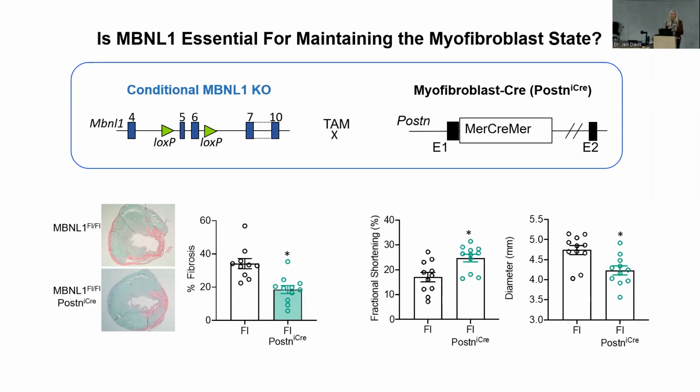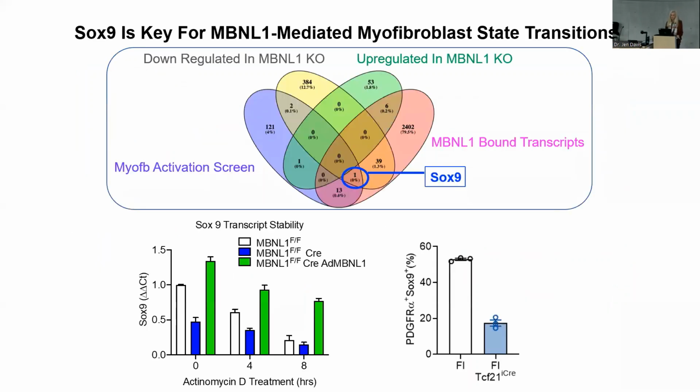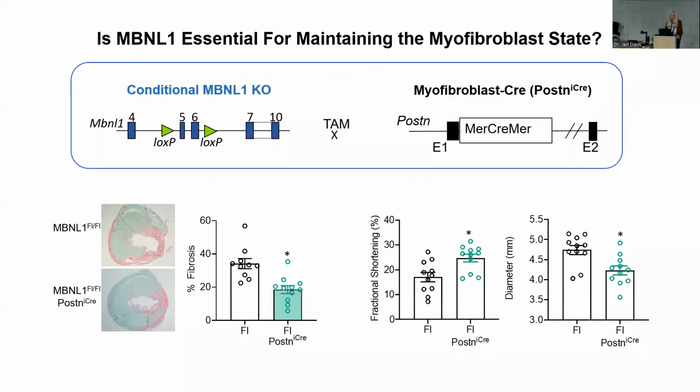So what that allows to happen is that these cells will begin the differentiation program, and then it's about 4 or 5 days following myocardial infarction that the muscleblind gene will actually get excised from these cells. So it really allows them to kind of feel the injury first before we change the program.